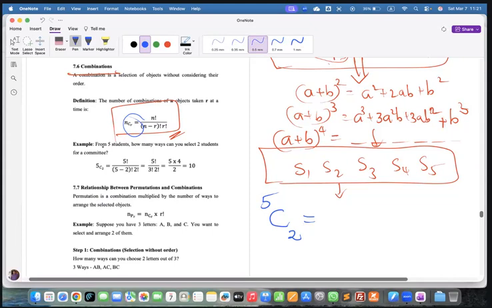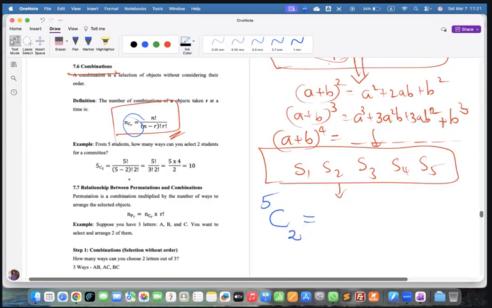In this question, from 5 students, how many ways can you select 2 students for a committee? What are the possible combinations for making this 2-student group?